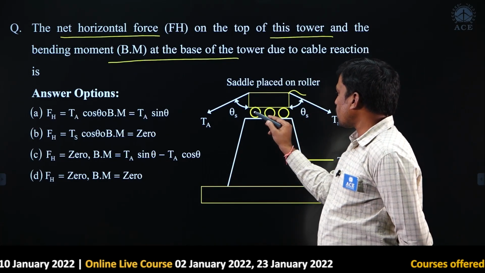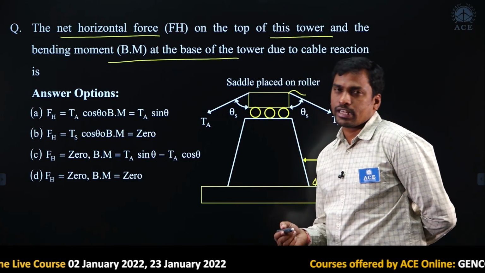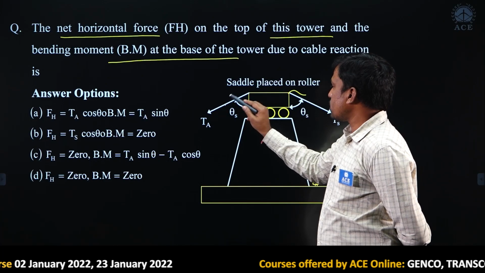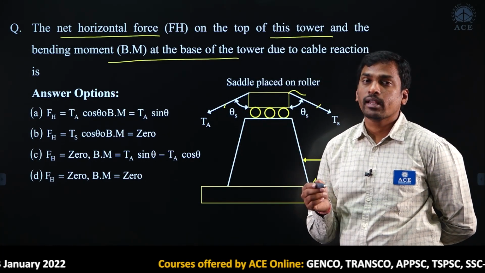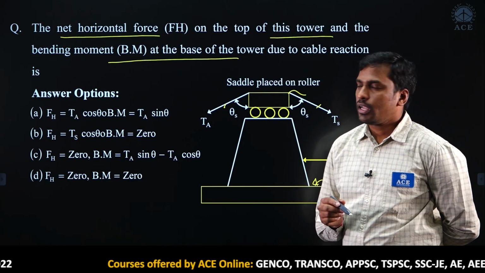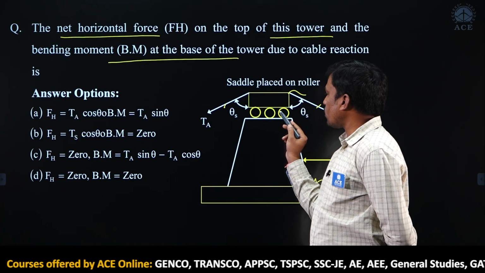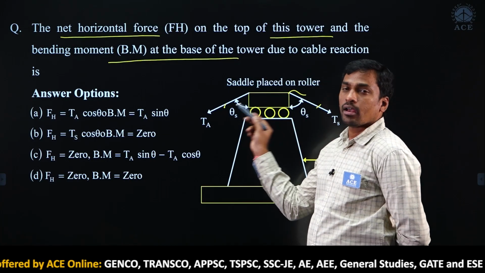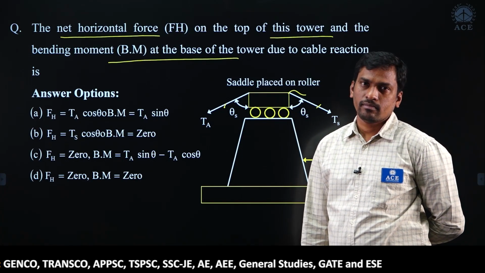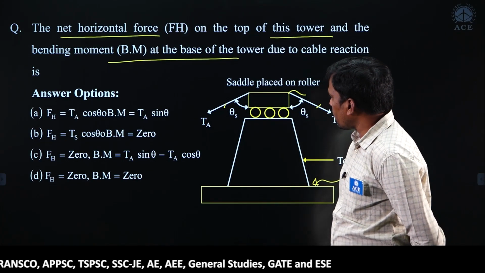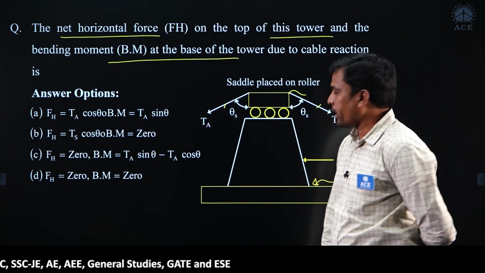Students, these are rollers, right? For the equilibrium condition, this horizontal force must be equal. If it is not equal, then because of these rollers it is free to move in the horizontal direction and it will become an unstable structure. So for equilibrium, the left force equals the right force.